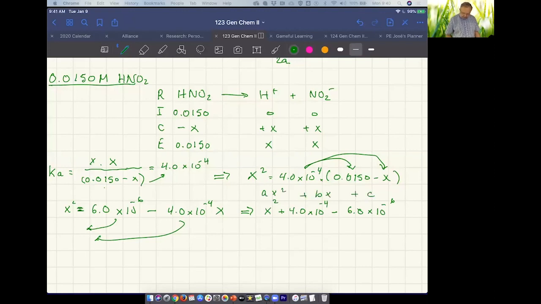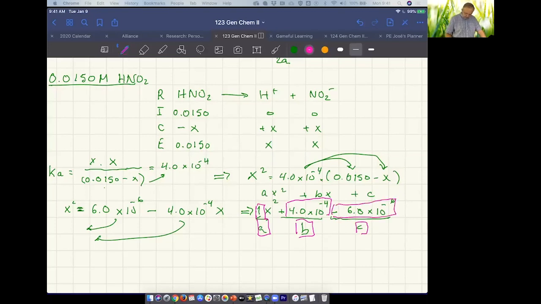So c is going to be this negative number, including the sign. B is going to be this positive number. And a is going to be 1. A is going to be 1. B is going to be this number here, positive. And C is going to be this number here, which is negative.